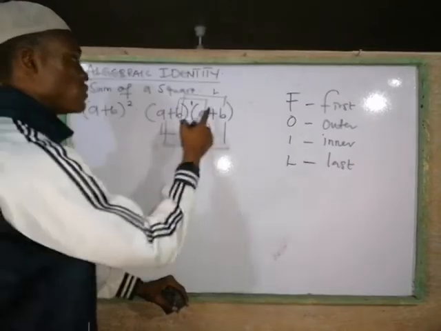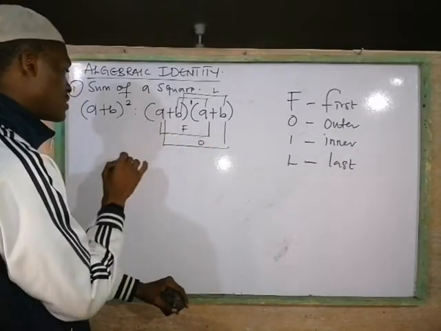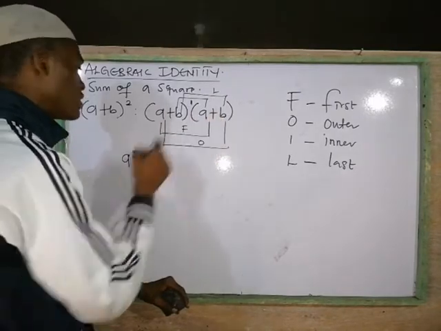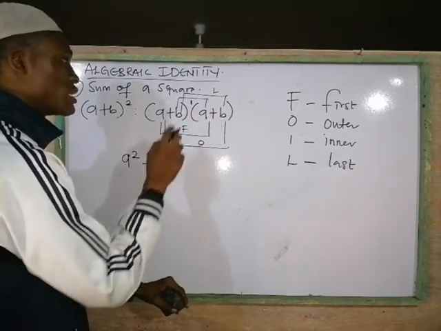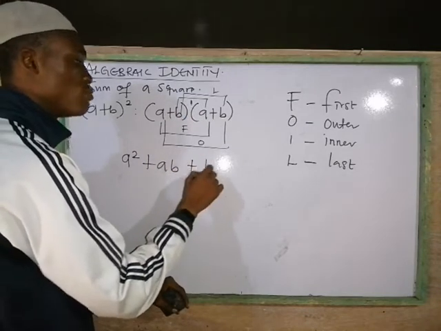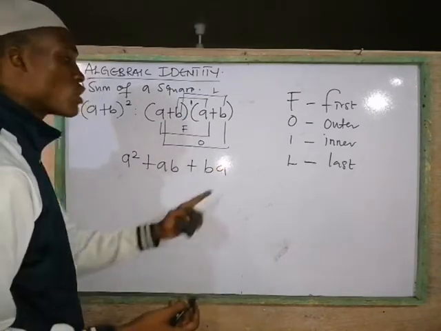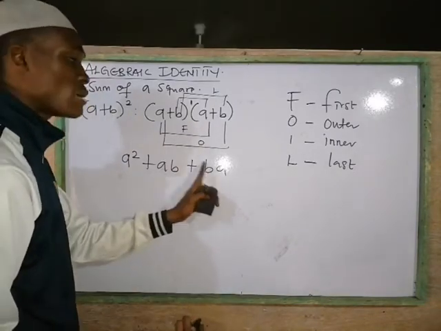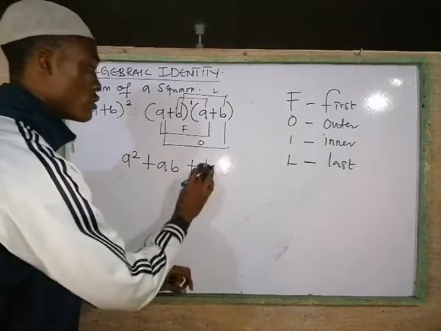So first value, a times a, that gives a squared. Then the outer value, a times b, that gives ab. Then the inner value, b times a, that should be ba. But in mathematics, we want to write in alphabetical order. A comes before b, so I have to write a before b, not b before a.